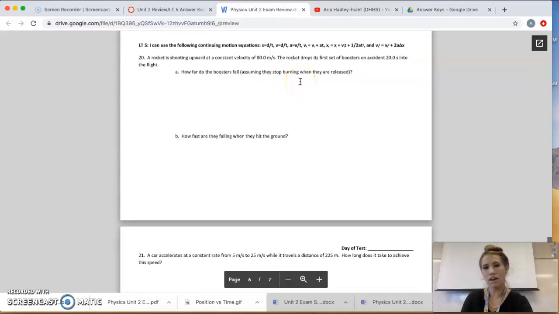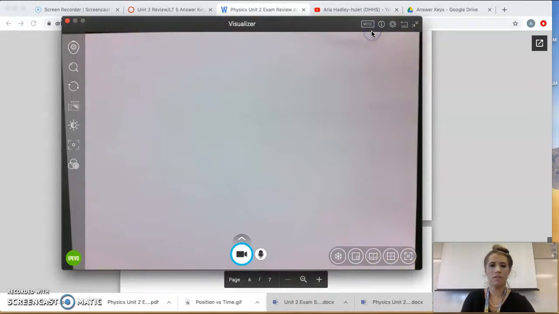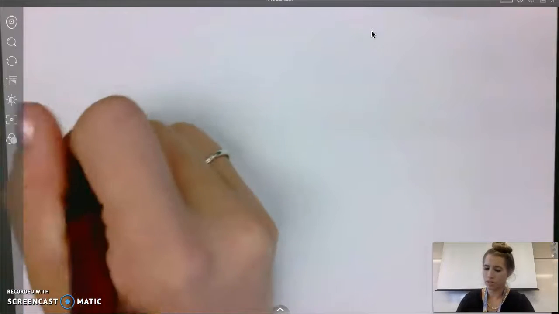Well, let's see how high up that rocket got with that constant velocity of 80 meters per second for the first 20 seconds. Okay, so let me pull up this. All right. So let's draw a picture and establish an origin.